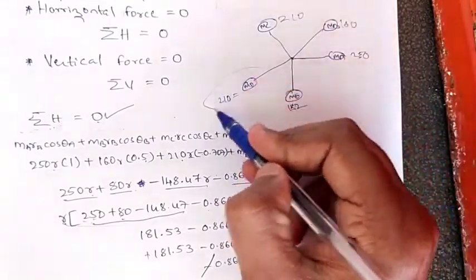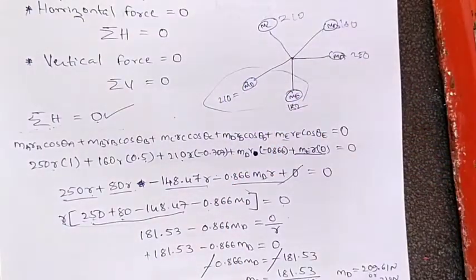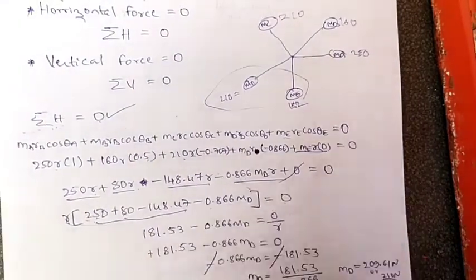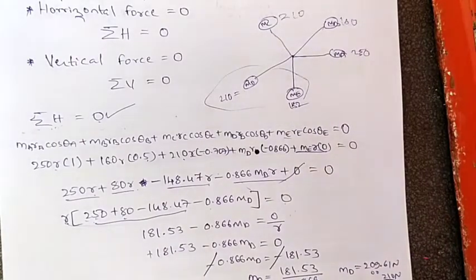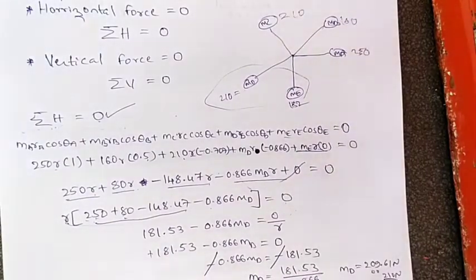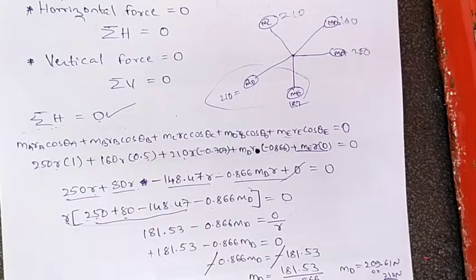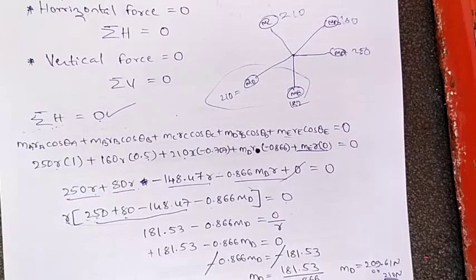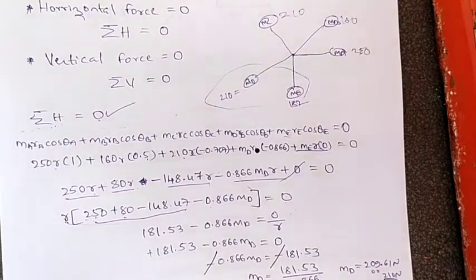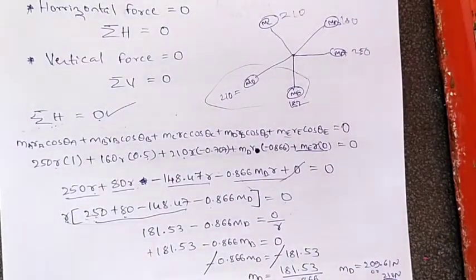These were not given, so we found these values using the equations of horizontal force and vertical force, equating them to 0. When it is told complete balance, that means horizontal force and vertical force will be equal to 0. Using that logic, we used these formulas and equated them to 0, and found what was not given, just by substituting in horizontal and vertical forces.